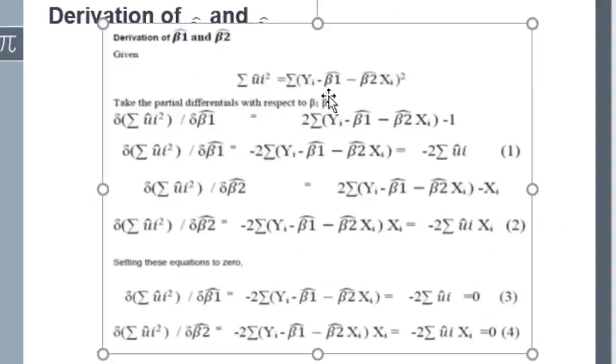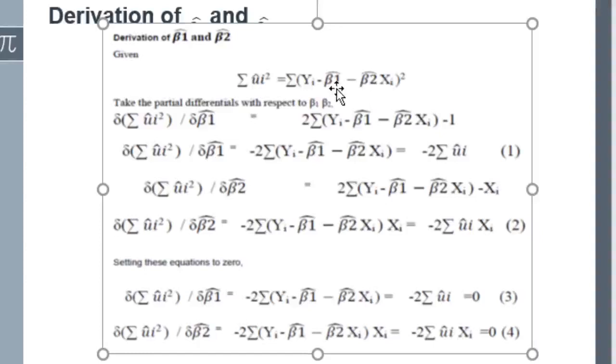Sigma ui cap square equals sigma of yi minus beta 1 cap minus beta 2 cap xi, the whole square. We have removed the bracket, and therefore it is yi minus beta 1 cap minus beta 2 cap xi, the whole square. Now we want to estimate the numerical values for beta 1 and beta 2.